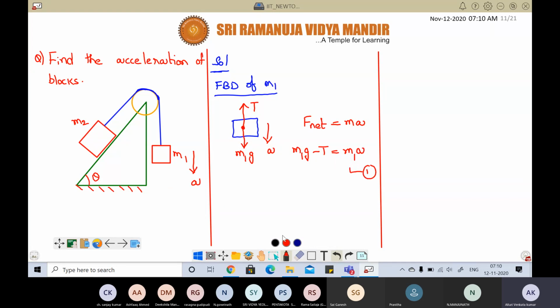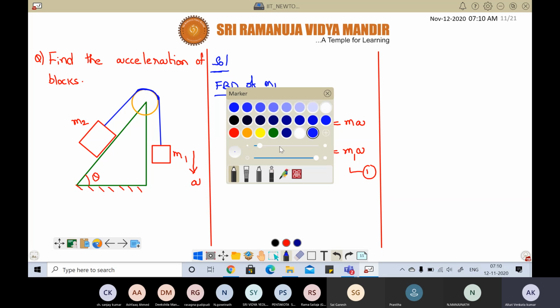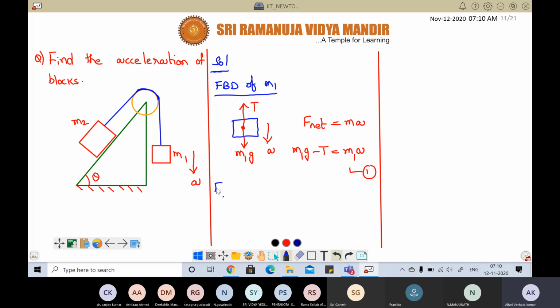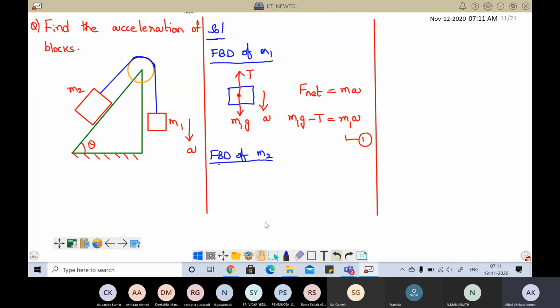Next, the free body diagram of M2. M2 is like this. The first force is M2G, the gravitational force.